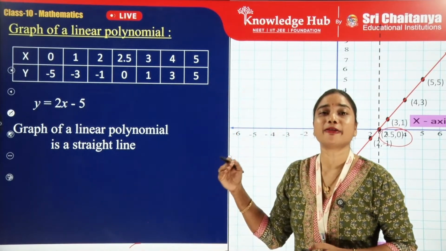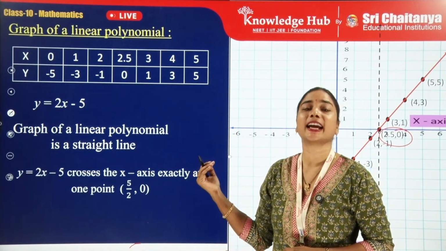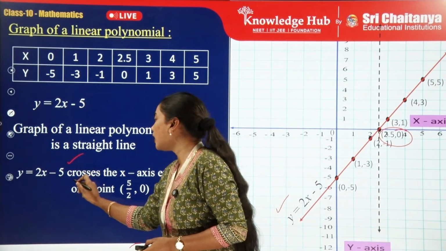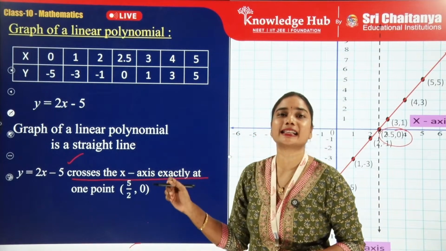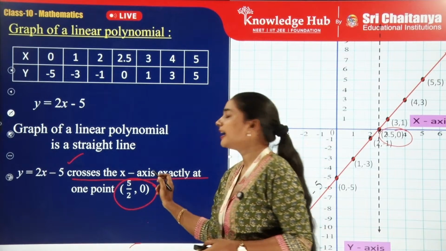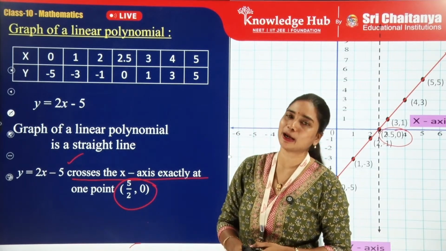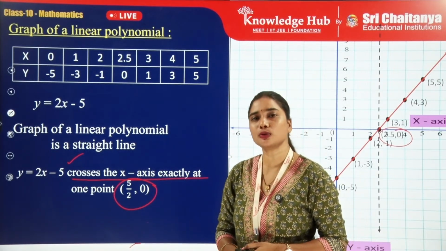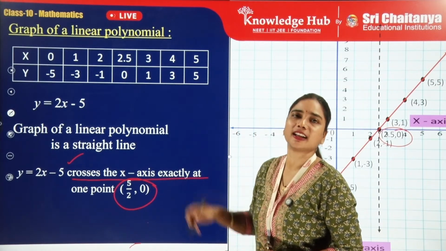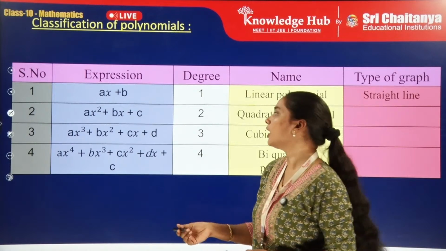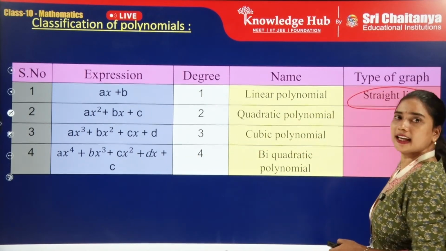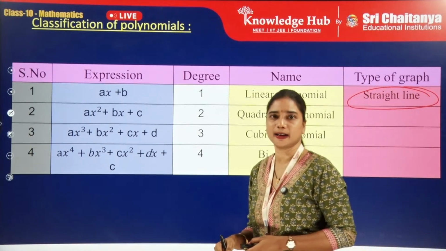So the graph of a linear equation is a straight line, and this line crosses the x-axis exactly at one point, and that point is where the y coordinate becomes 0, that is (5/2, 0). At that point this line crosses the x-axis. So now we can tell the graph of a linear polynomial is a straight line.